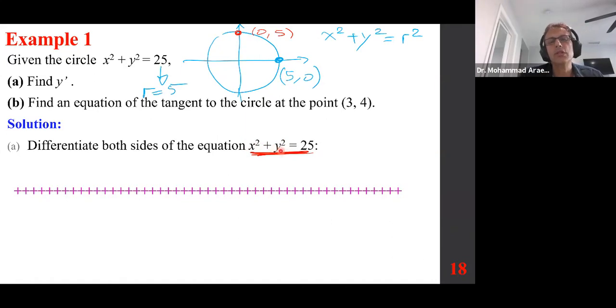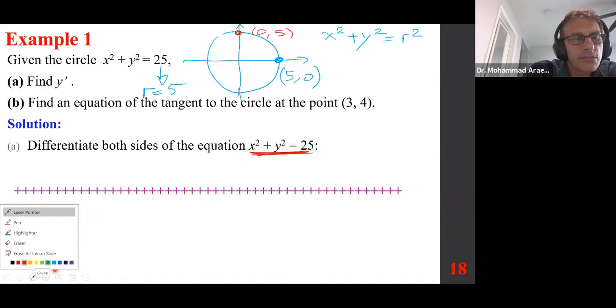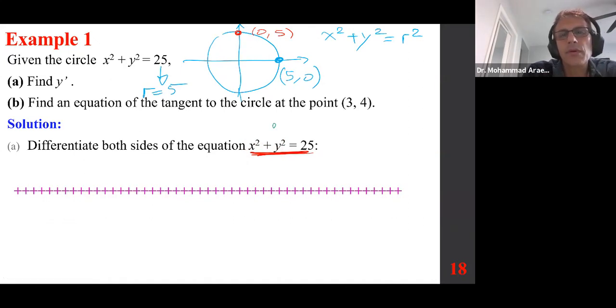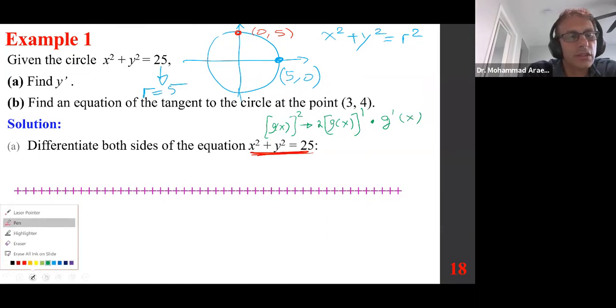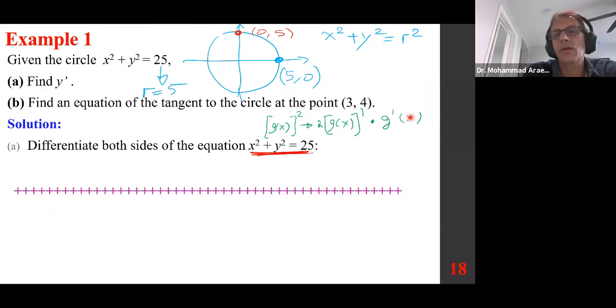It's important to know it's like g of x to the power of 2. The derivative is 2 g of x to the power of 1 times g prime of x. This is the extended power rule, right, class? So that's how you do that.